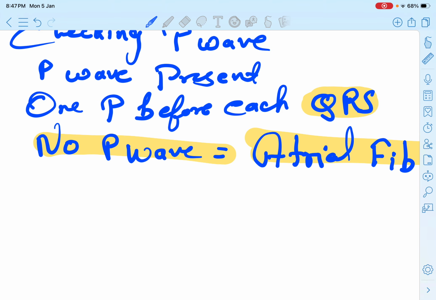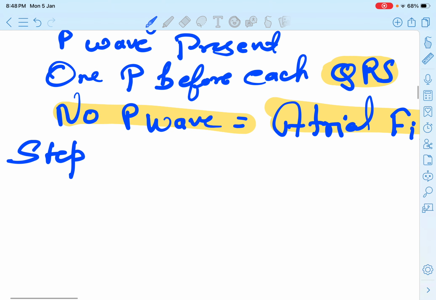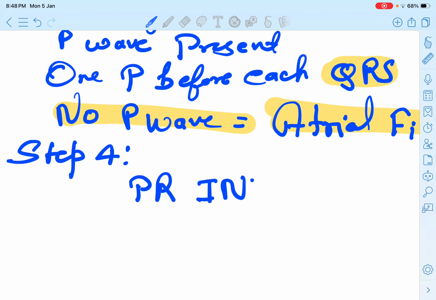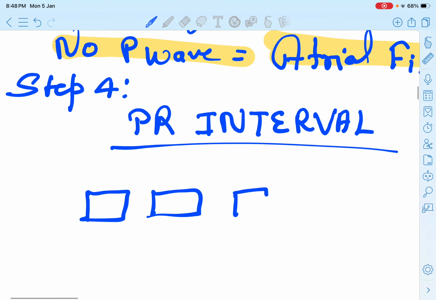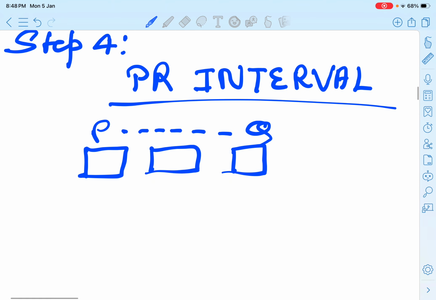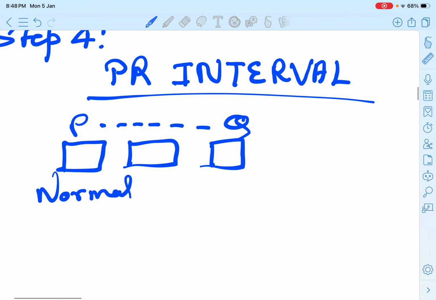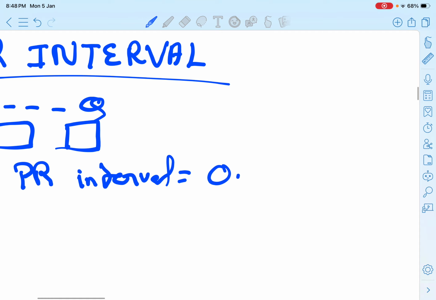Now PR interval, step 4. Here are the boxes, the distance from the P to the Q. Normal PR interval is 0.12 to 0.20 seconds.